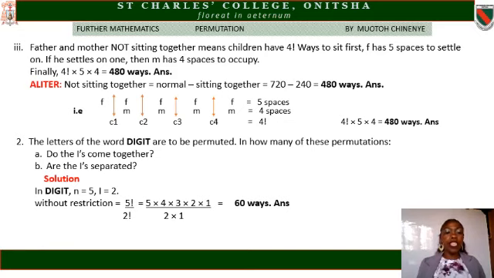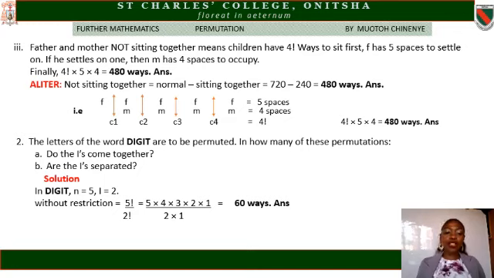The letters of the word digits are to be permuted. In how many of these permutations do the i's come together? B. Are the i's separated? Solution. The word digit has 5 letters, meaning that our n is 5. And because i's are repeated 2 times, our l is 2.